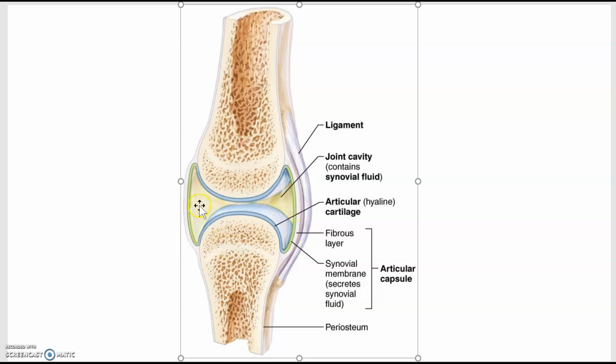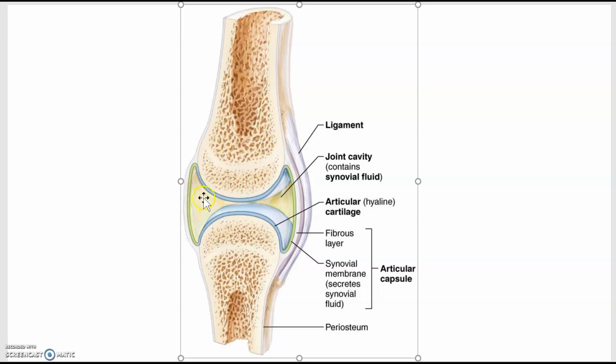Okay, so within the articular capsule is your joint. The fibrous capsule is made of dense, irregular connective tissue. Remember, that tissue type withstands pull from many directions, so that would be good to have in a freely movable joint. And then that synovial membrane is what actually secretes the synovial fluid that fills up this joint.